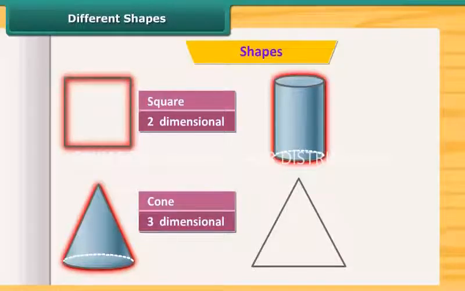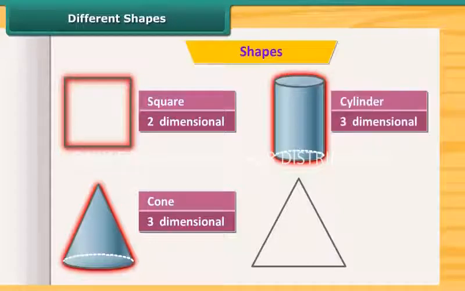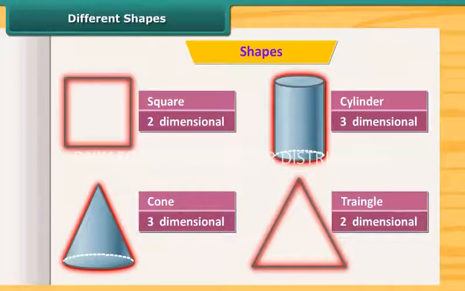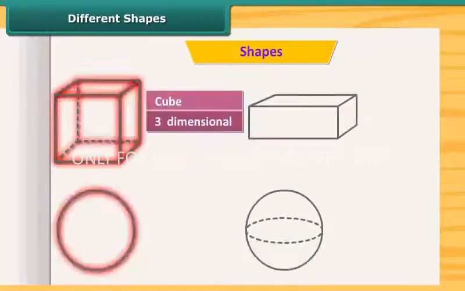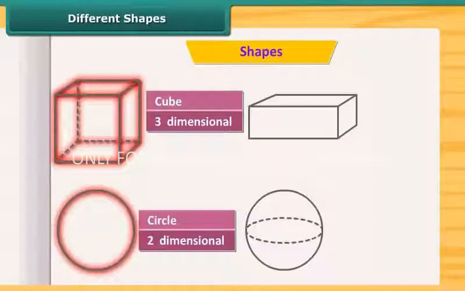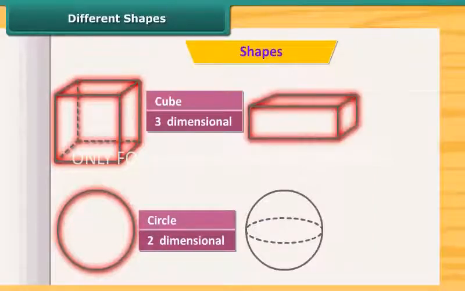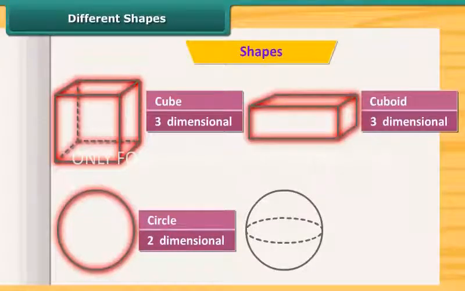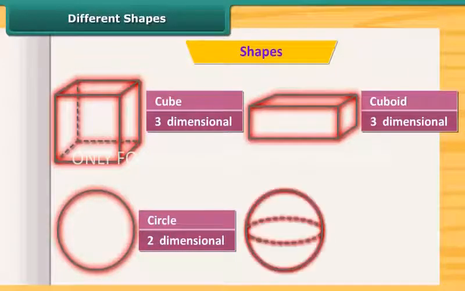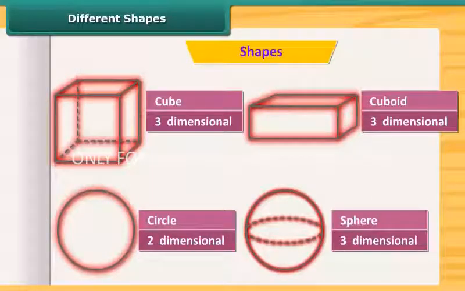This is a cylinder. This is also three-dimensional. This is a triangle and this is two-dimensional. Circle, two-dimensional. This is a cuboid and is three-dimensional. And this, is it a sphere? Yes, this is a sphere and is three-dimensional.